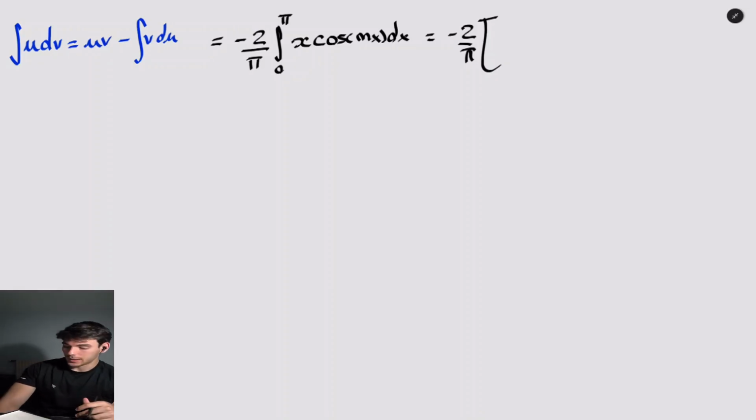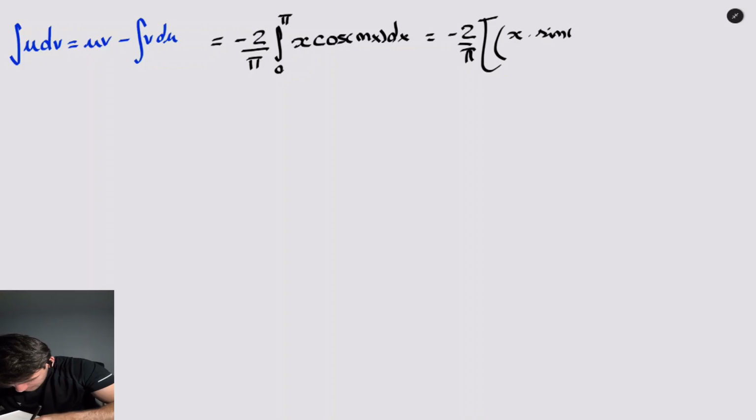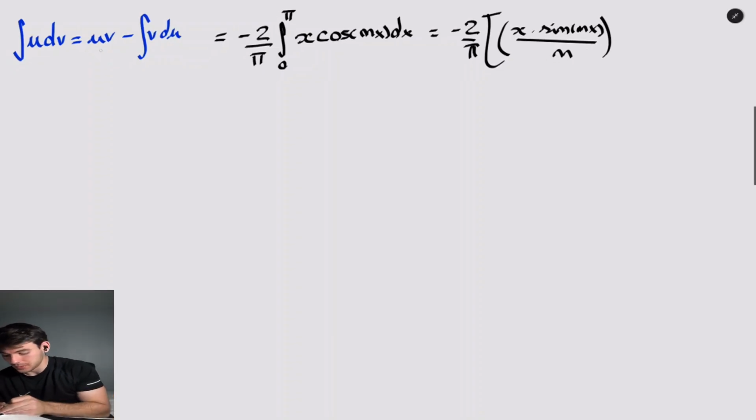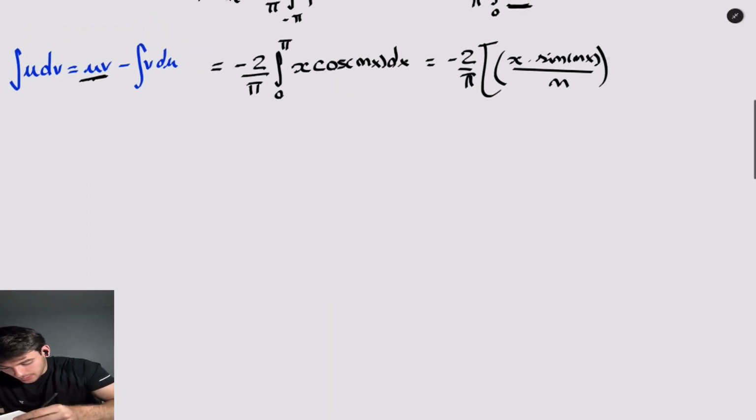And here we'll have x times sine of nx divided by n. So this will be the uv. That's my uv, and that goes from 0 to pi.